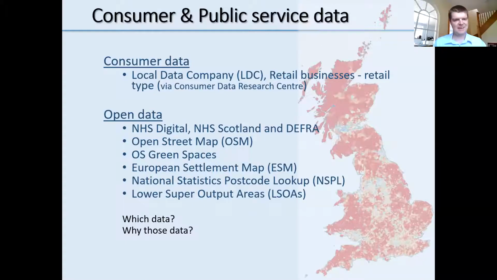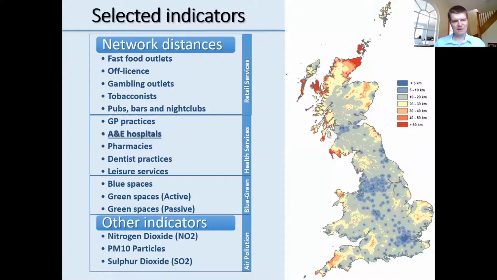So we said a little bit in the previous talk about network distances being a fundamental underpinning for this index, and there were some variables that don't lend themselves to network distances, air pollution particularly, and so we ended up combining those two different types of data.